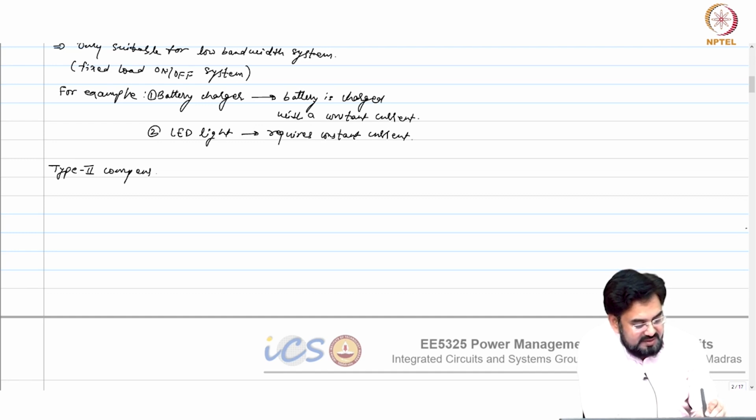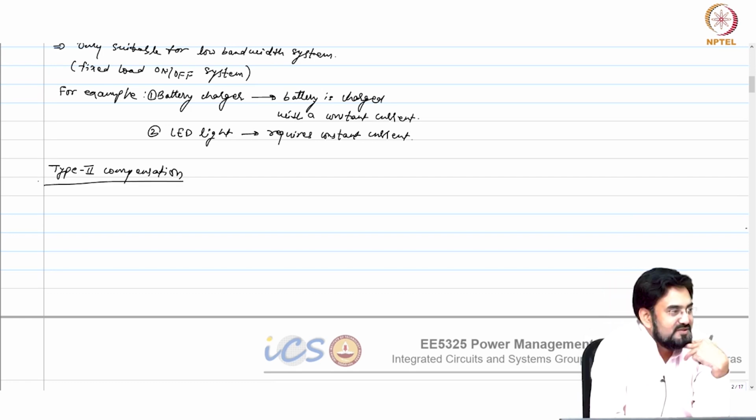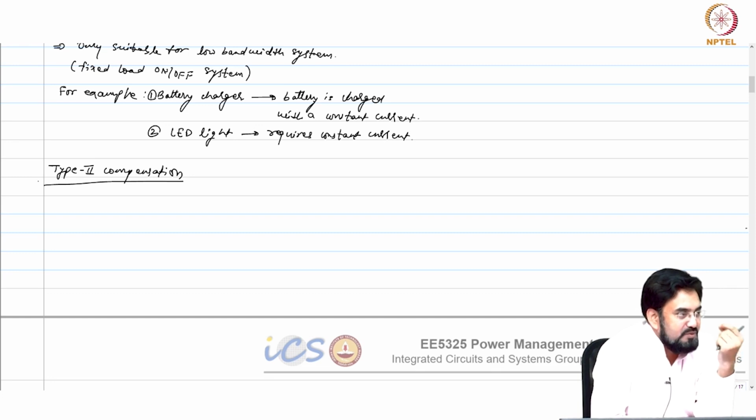By the way, what do you understand by this type when I say type 1, type 2? So, there is a difference between type 2 or type 1, type 3 system and when you talk about compensator. When you say type 1, type 2, type 3 system, then you define it by the number of integrators. Okay. So, just take the case of your PLL. In PLL you have a type 1, type 2 PLL.